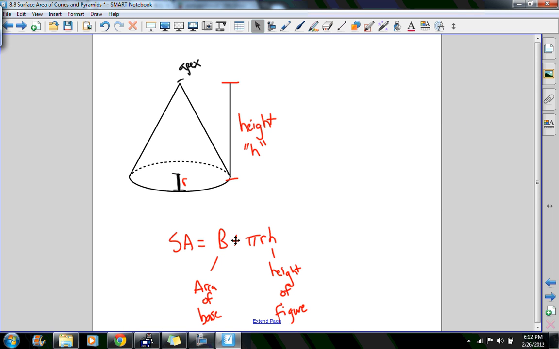It's going to be the area of the base, which is the circle, plus pi times the radius times the height of the figure, okay? It's very similar to the pyramid we've been working with before, but it's not quite exactly the same. So you've got to write it down. Once again, I'm not asking you to memorize it. Just have it written down. We're learning how to use formulas, not memorize them.